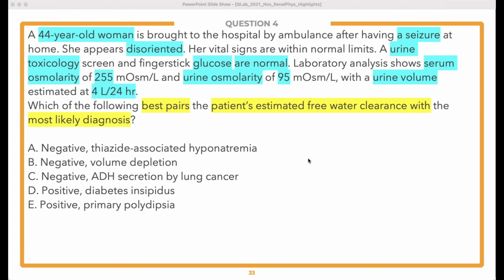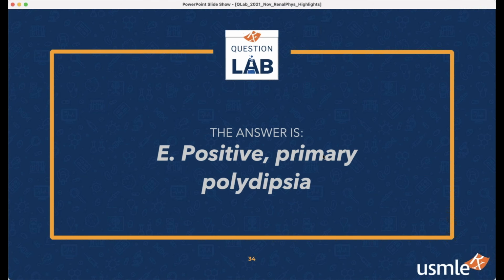And let's go ahead and share the answer. And the answer is E, positive primary polydipsia. So those of you who got that one right, congratulations. And for the rest of you, let's tune in and hear Paris kind of drop some knowledge on us.